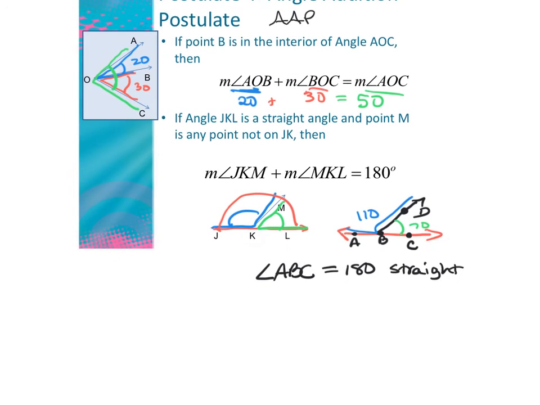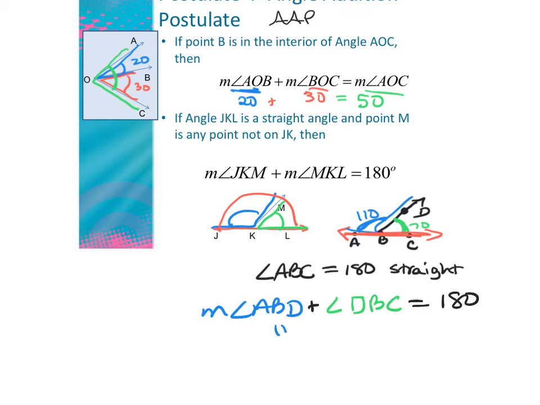So what they're saying is the measure of ABD, plus the measure of, we'll do it in green, angle DBC, is going to equal 180 degrees, because this little piece plus this little piece together are sitting on a straight angle, and it equals 180.